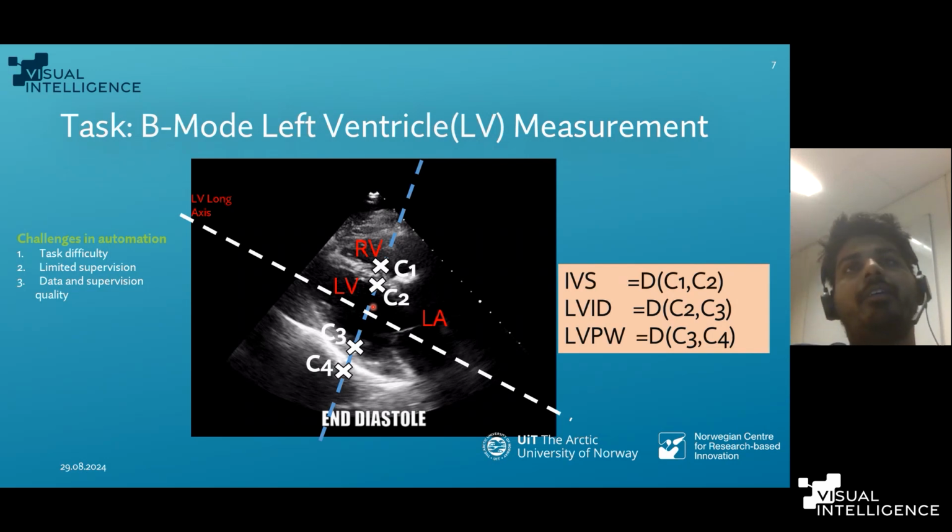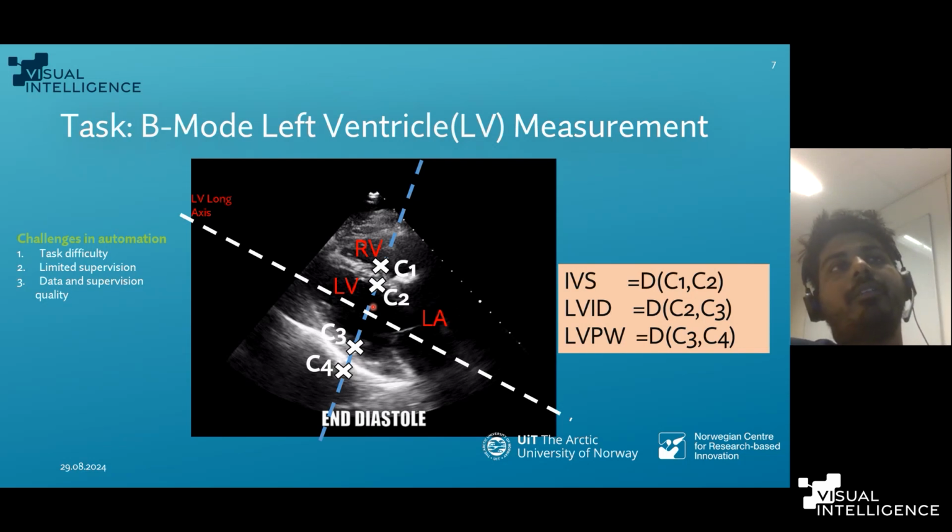Whenever this task is performed manually, there is high intra-observer and inter-observer variability, the task is a bit difficult, and most of the time the same user performs different measurements of the left ventricle. So for this task, it is imperative to do some sort of automation using AI.